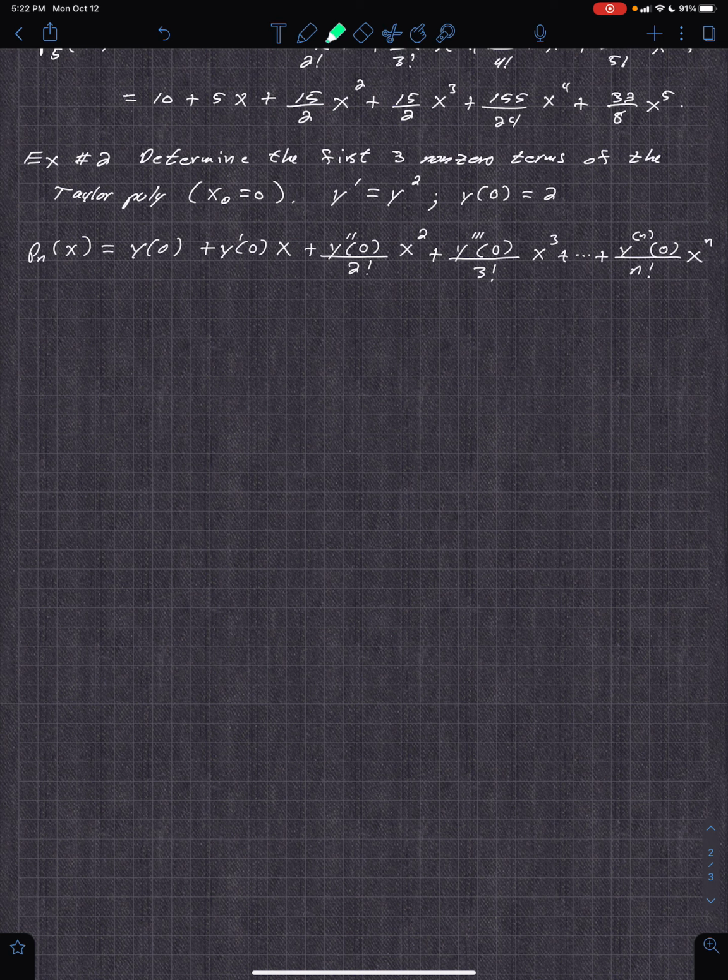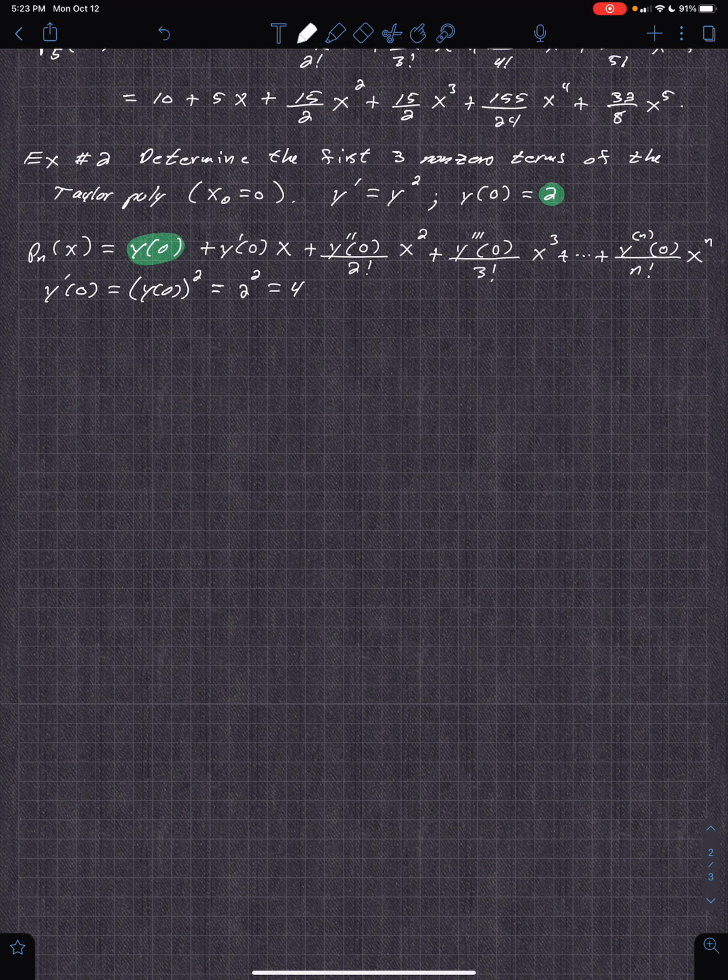All right, so we're going to simplify that. We're already given that this is 2, so that's where you'll put 2 right there. And then we've got to evaluate to find the next few terms, right? Just like before. So y prime of 0 is equal to y of 0 squared. So that's just going to be 2 squared, which is equal to 4.